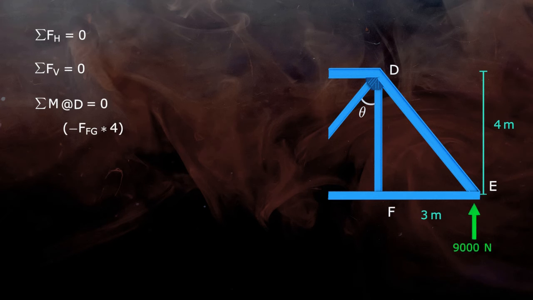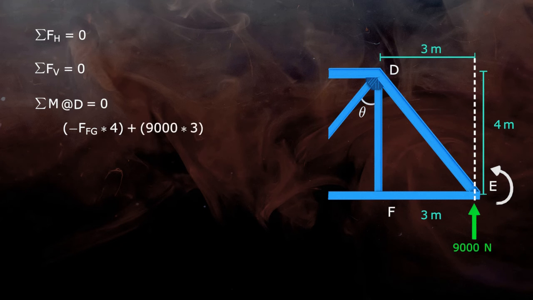Similarly, the 9000 Newton force rotates the truss in the anti-clockwise direction and so will have a positive sign, and its distance from D is 3 meter. So the moment will be 9000 into 3, and the summation of both moments is 0. So FFG we get is 6750 Newton.